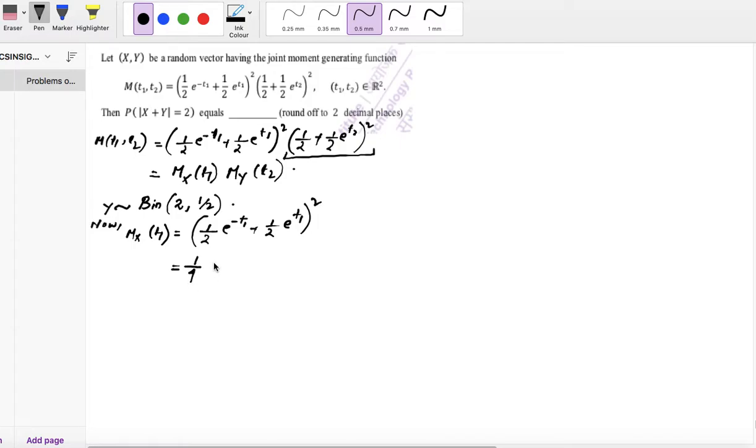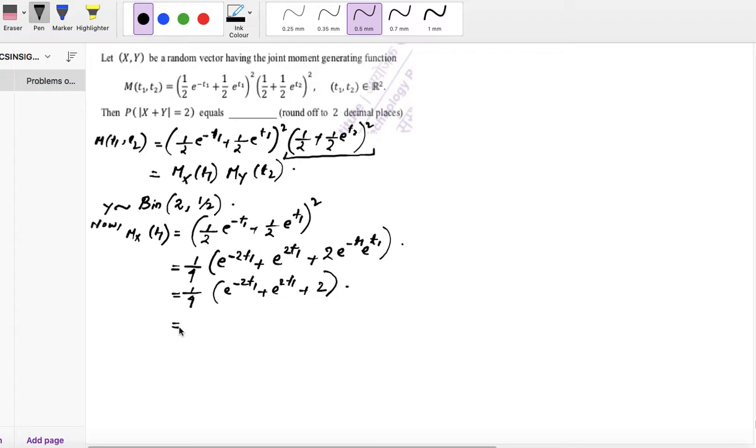What would we get? 1 by 4 times (e to the power minus 2 t1 plus e to the power 2 t1 plus 2 e to the power minus t1 e to the power t1), which is 1 by 4 (e to the power minus 2 t1 plus e to the power 2 t1 plus 2).